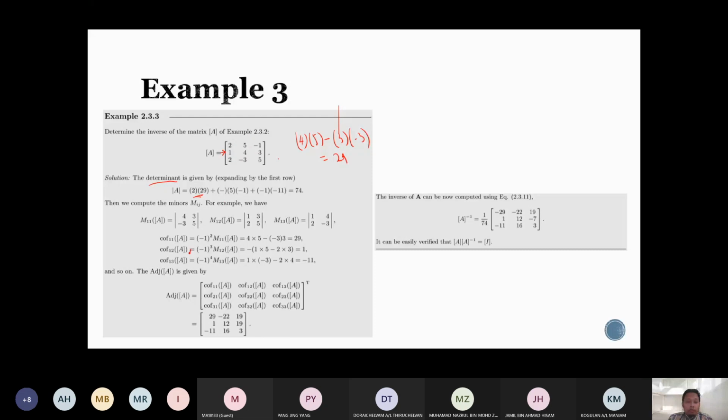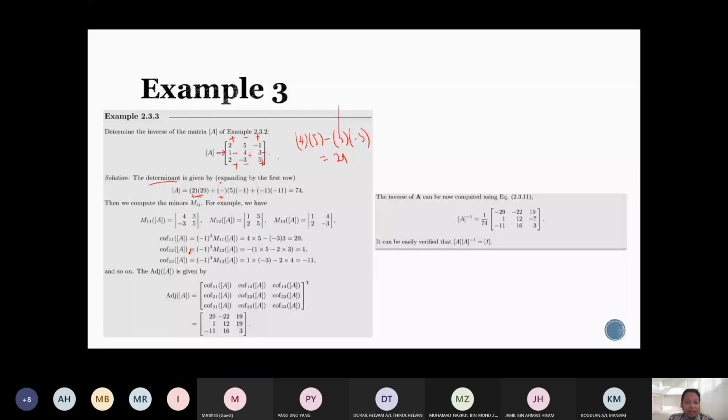But you need to remember to multiply by this number 2, and here it suddenly has a negative. I think you still remember that it starts with plus here and then minus, plus, and then this minus. If you use the second row, make sure that you multiply by -1 instead of positive. Okay, faham kot benda ni.